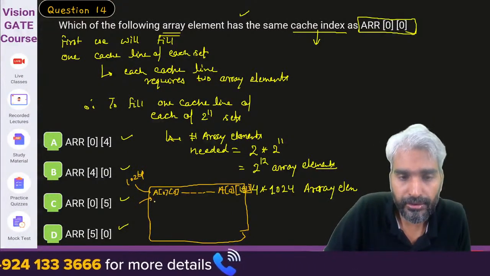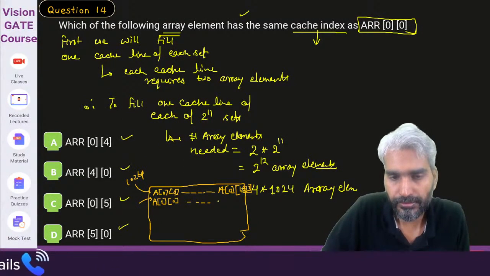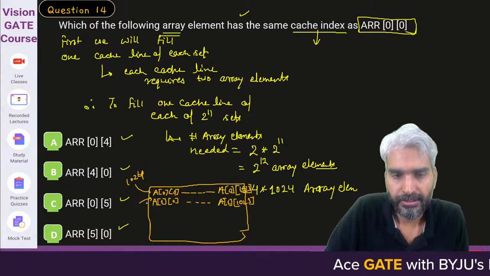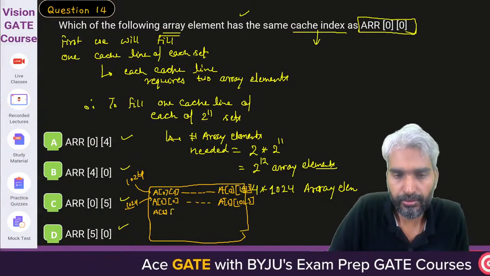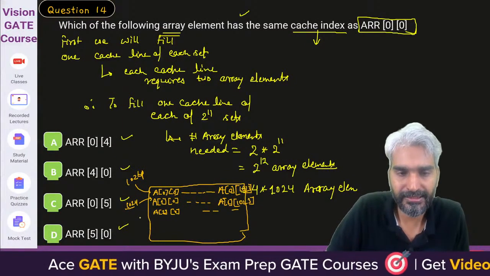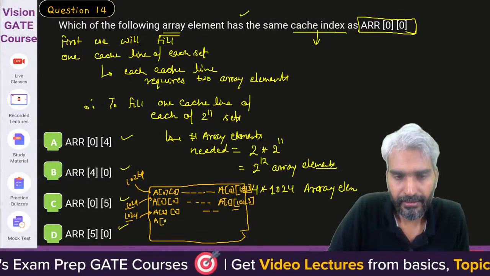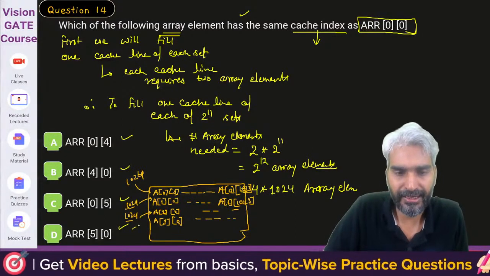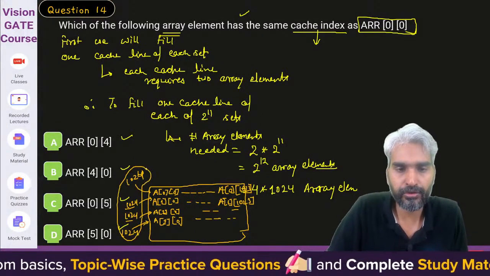In another row, this will start from A10 to A1 1023. So these are again 1024. Similarly, you will have A20 to A2 1023. These are again 1024. Then again A30 to A3 1023. These are again 1024. So these are nothing but 4 into 1024 elements.